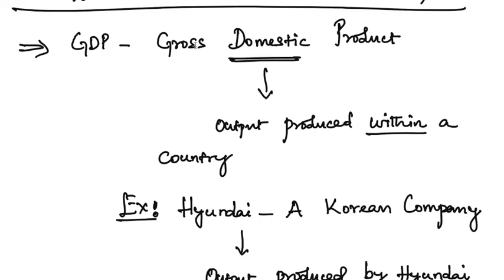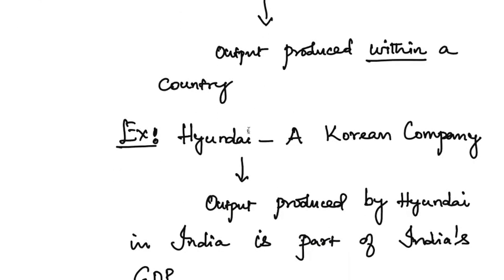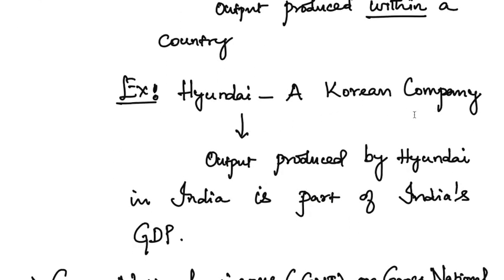In GDP, you have to pay attention to "domestic" in gross domestic product. This indicates that we basically look at the output produced within a country. That's the reason we have the term domestic. For example, Hyundai is a Korean company, and it has its factories near Chennai and in other places.